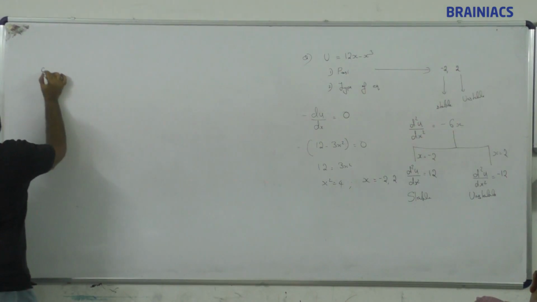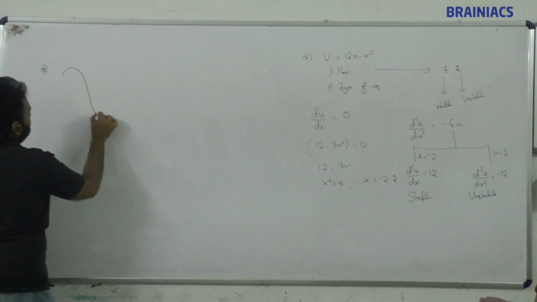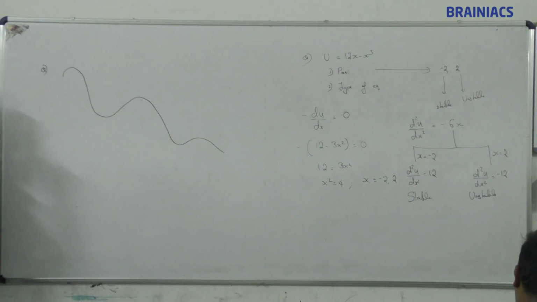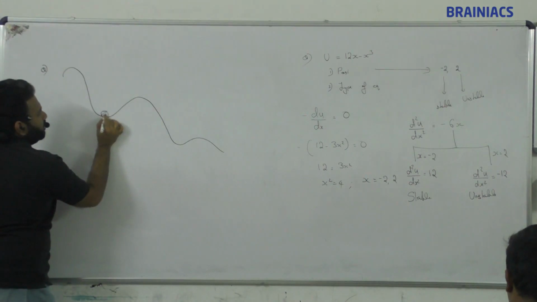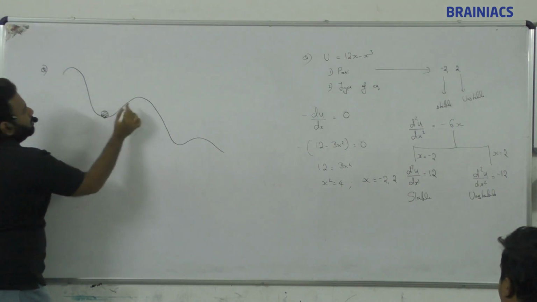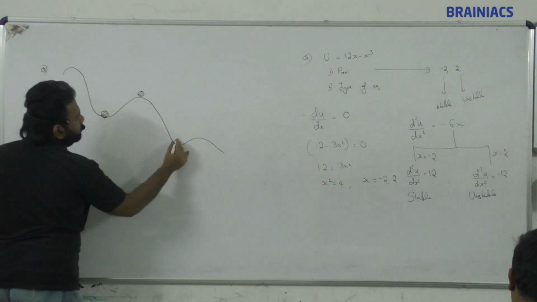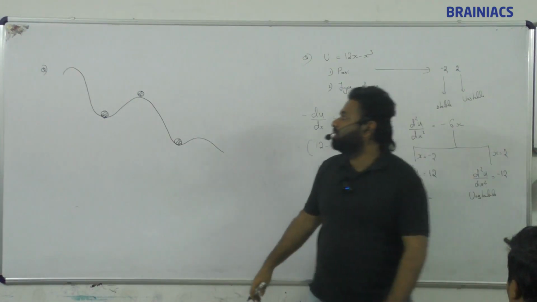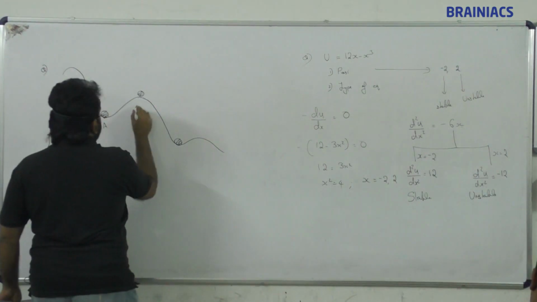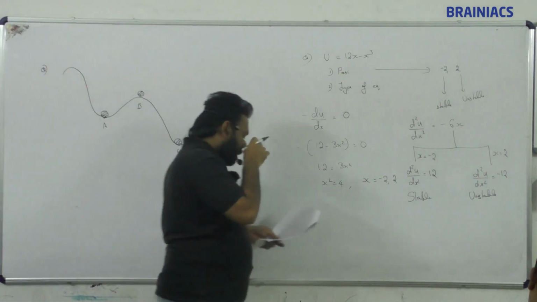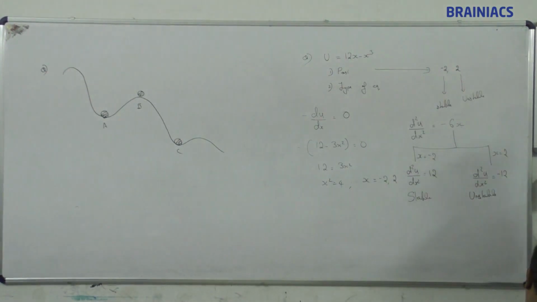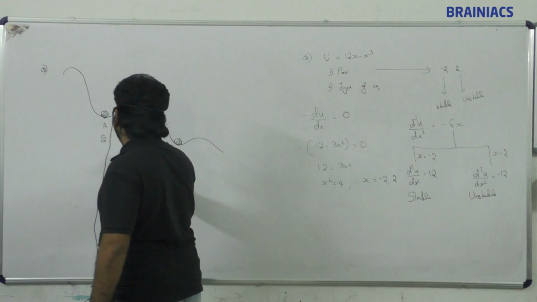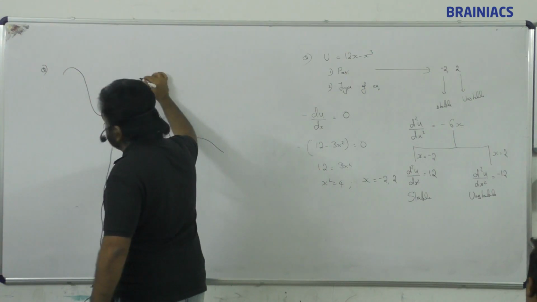Suppose if we get a curve like this, okay, so this is one position, this is one position, this is another position. So if you name this as A, B, C, which one is stable, which one is unstable? So this is stable and this is also stable and this is unstable.